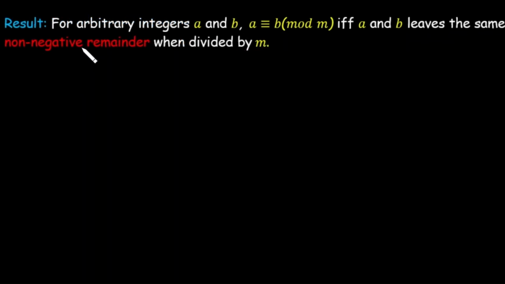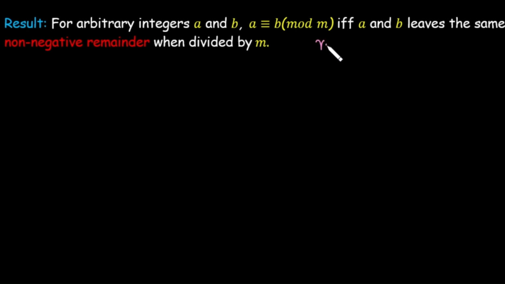Now you will feel confident about the congruency when you know this result. When we say that two numbers are congruent when divided by any number m, that is only possible when they leave the same remainder when divided by m.